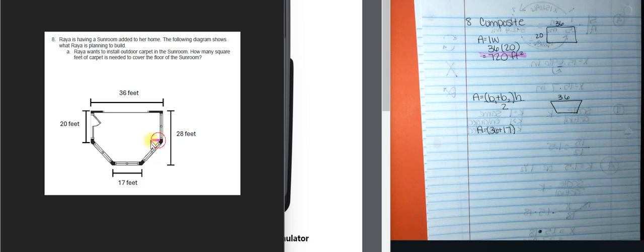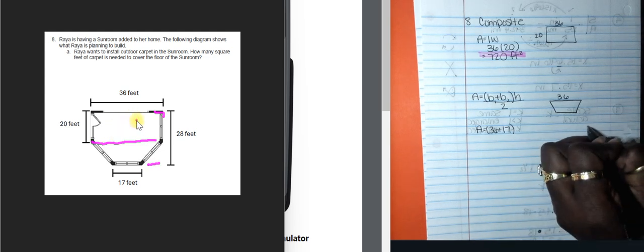When we talk about the height, we're talking about the distance from the base to the peak, right? I don't have that information, but what I could do is find the difference from the base all the way to the top, which we had up here as 28. Take out what I don't need, which is from here on down to there, and then I should be able to find out what this length is. So we knew that going from here to here was 28. I'm going to take out what I don't need, which is the 20.